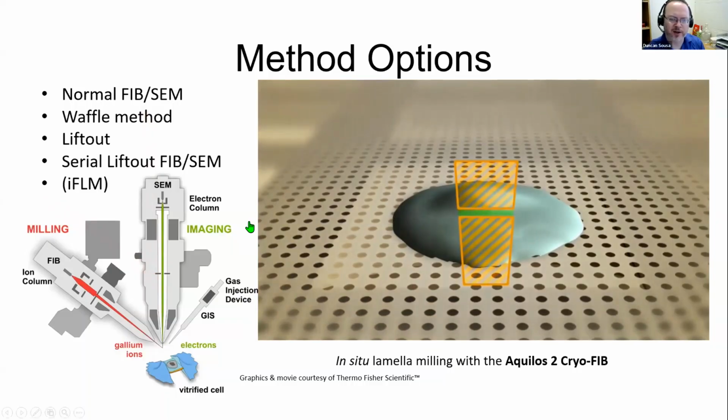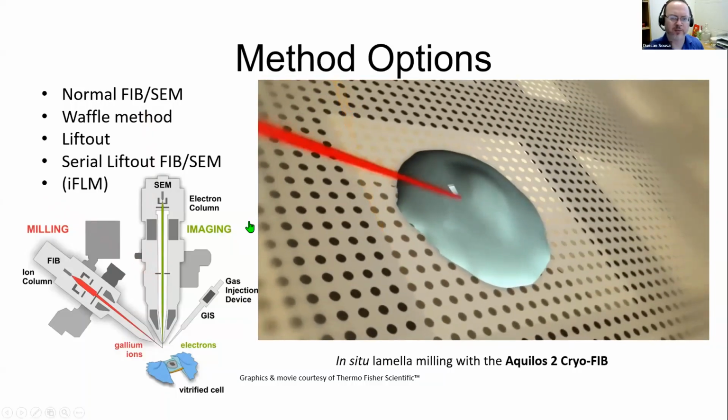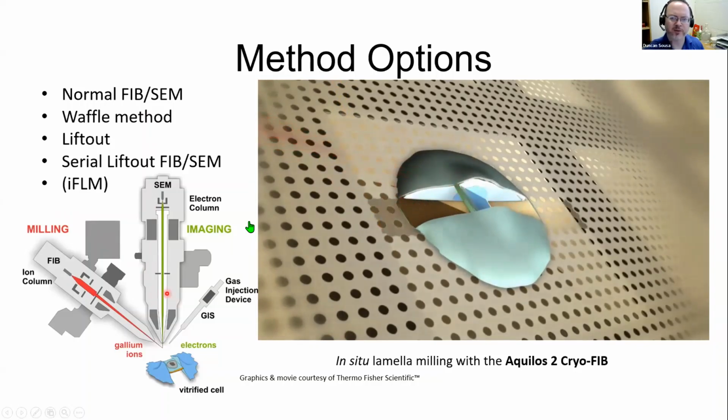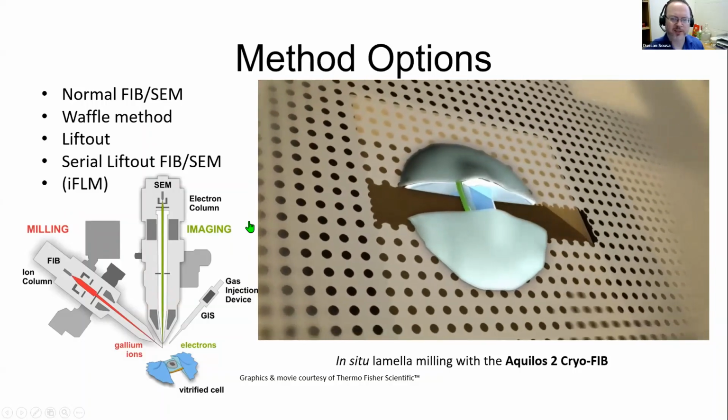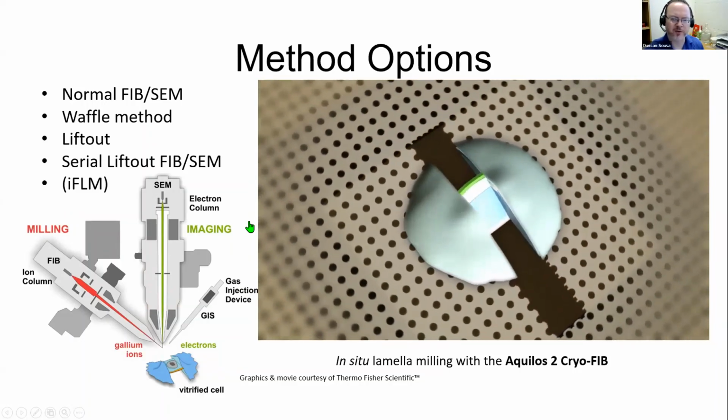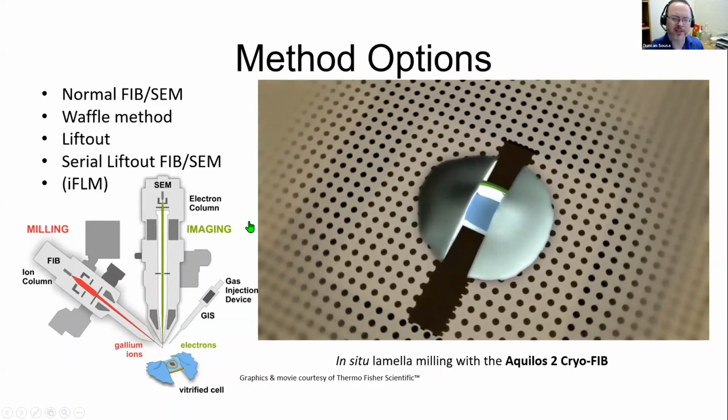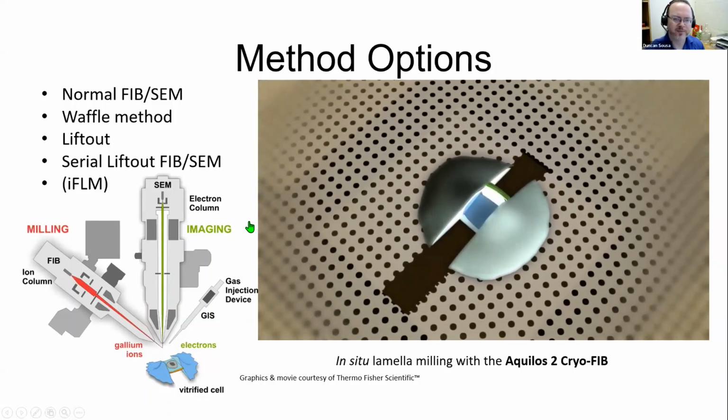You're going to cut away the bulk. This is just a cell on a grid, for instance, a 400 mesh cryo grid. So mill away the top and the bottom, leaving you with a nice lamella that you can use for cryo-ET and tomography. So this is what we're attempting to produce.